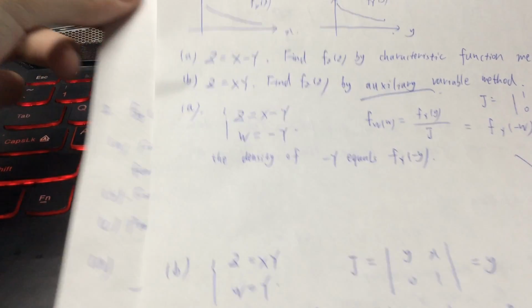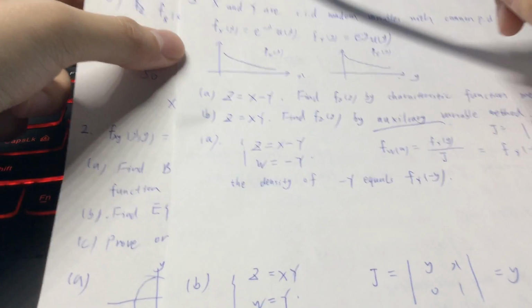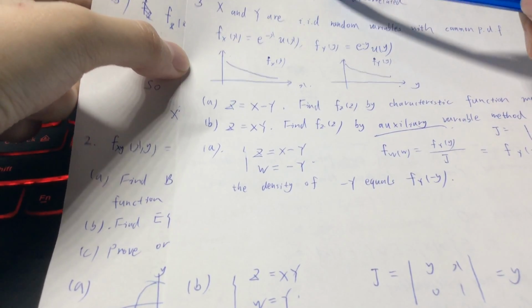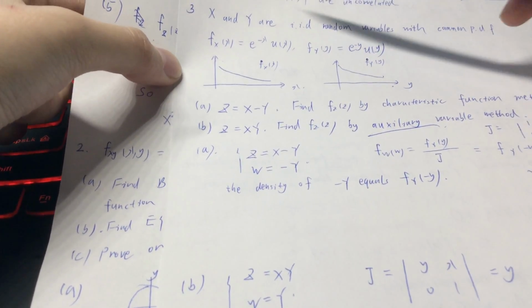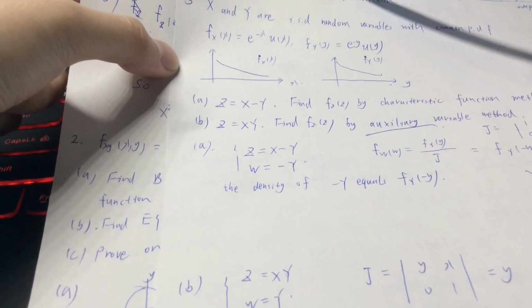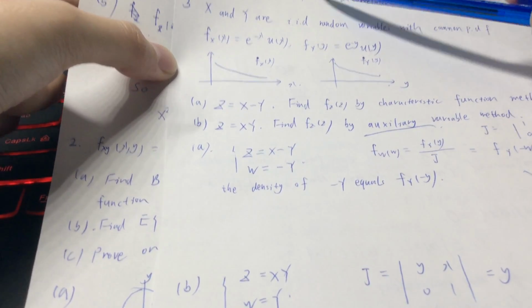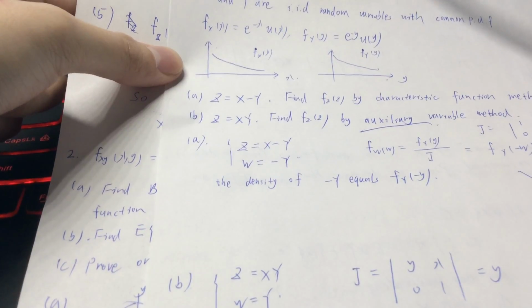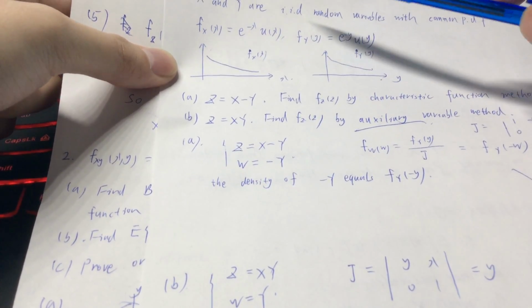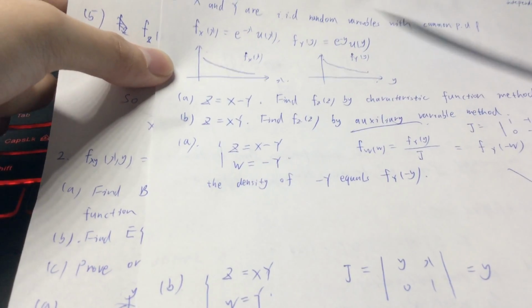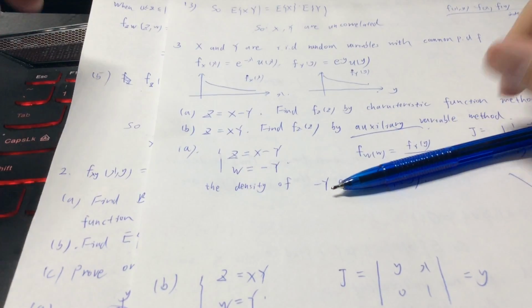We know that E[XY] equals 0, and E[X] equals E[Y] equals 0. So this formula holds. So from the definition, we know that X and Y are uncorrelated. Yes, that's all.